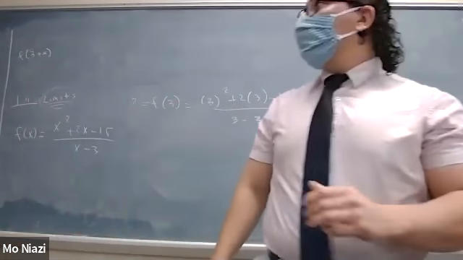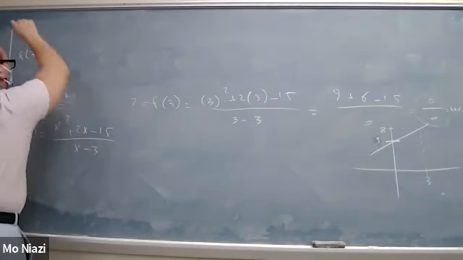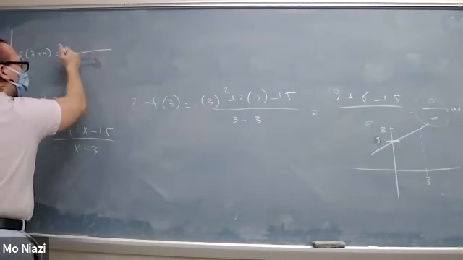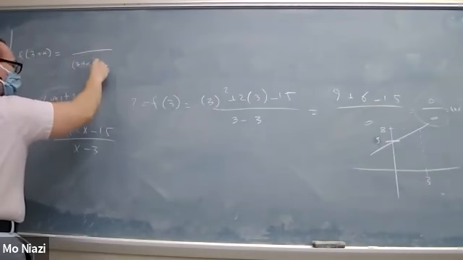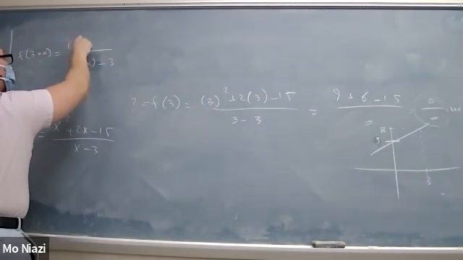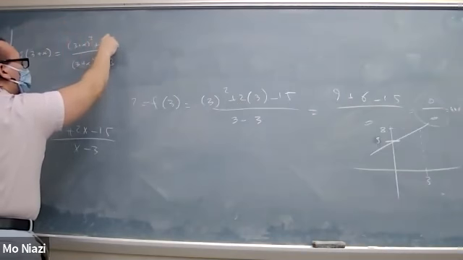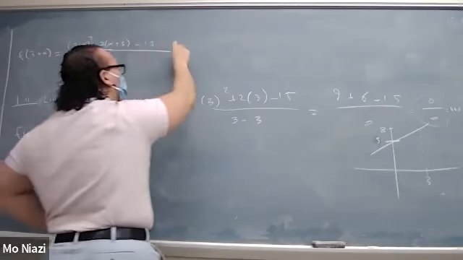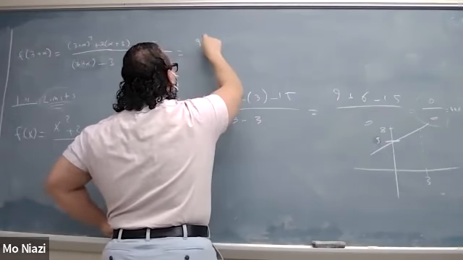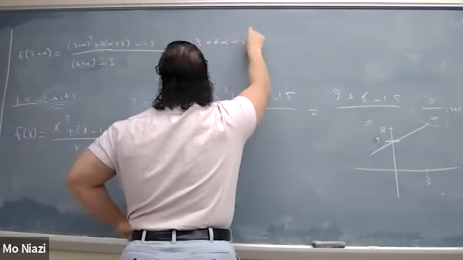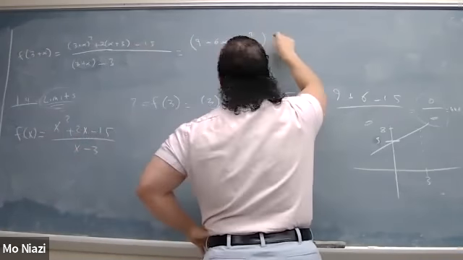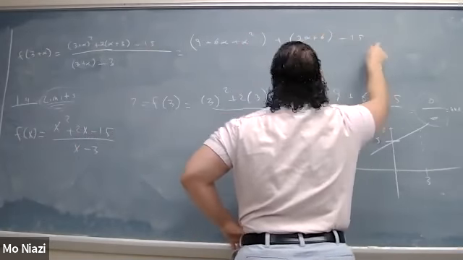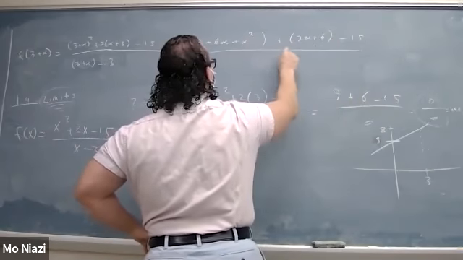We use alpha for now, just to be truly arbitrary. Let's see what happens when we do that. We get 9 plus 6 alpha plus alpha squared plus 2 alpha plus 6 minus 15, everything divided by just alpha.